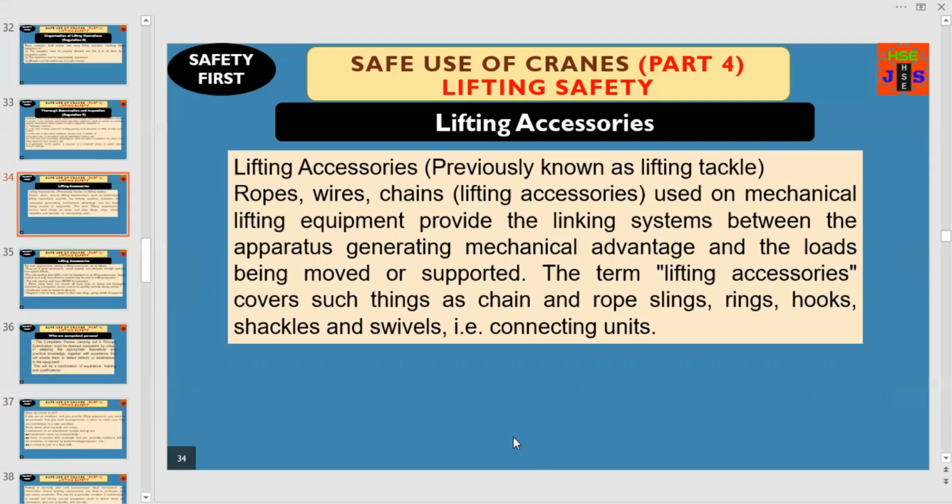The term lifting accessories covers such things as chain and rope slings, rings, hooks, shackles, and swivels. All these are the connecting units. They connect the load with the lifting equipment.